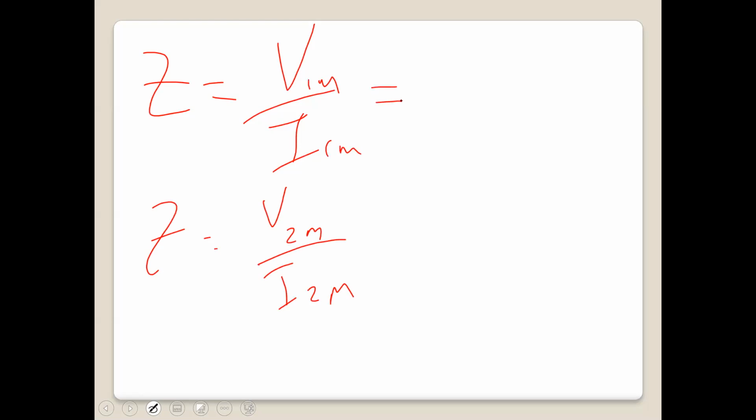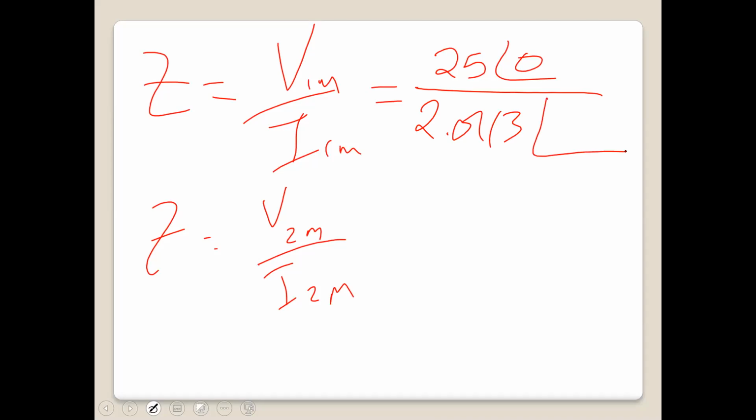So here, if you want to use the first harmonic, we'd have 25 at an angle of 0, divided by I, which is 2.0113 at an angle of 1.326.